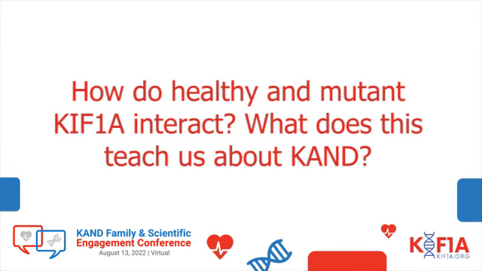You've also focused significant research in the recent past looking at how healthy KIF1A and mutant KIF1A operate together. Could you speak a little bit more about what these heterozygote worms can teach us about KIF1A function? As you know, KAND is caused by dominant mutation.